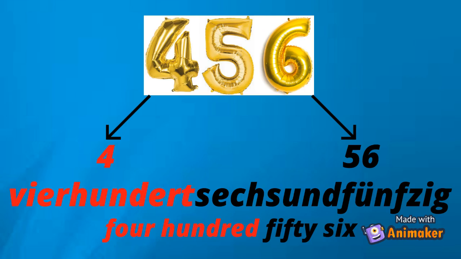Here we have the first number 400 and then 56. So that we have vierhundertsechsundfünfzig. That means 456. Please note that all this is written as one word.